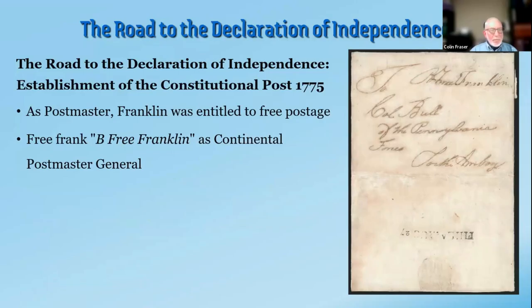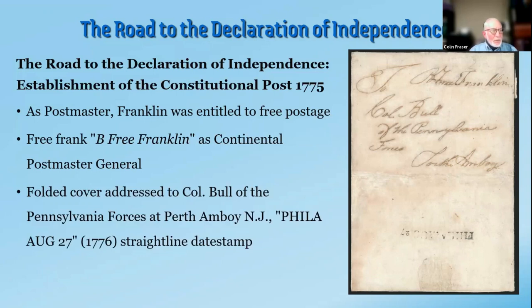And here's another example. This one's a Philadelphia example. We see the 'Free Franklin' up at the top. This was a folded letter that was addressed to Colonel Bull of the Pennsylvania forces in Perth Amboy, and it went via Philadelphia, as you can see in the cancel at the bottom there.